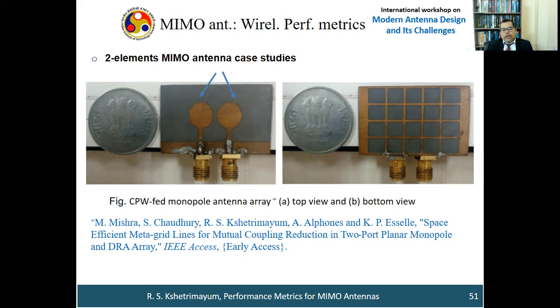What we are doing at the ground plane of this MIMO antenna is that we are including some meta-grid lines here, single negative metamaterial structures. Because of that, there will be a reduction in the mutual coupling between antenna elements, and correspondingly, ECC will be reduced. This is one of our papers in IEEE Access, in early access.